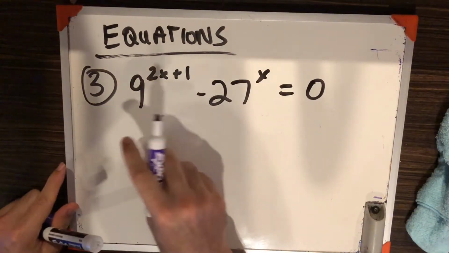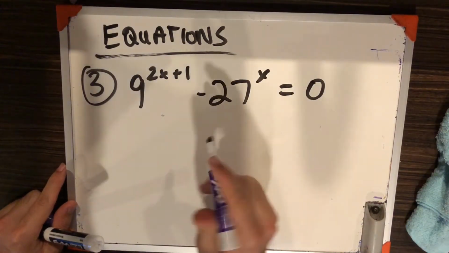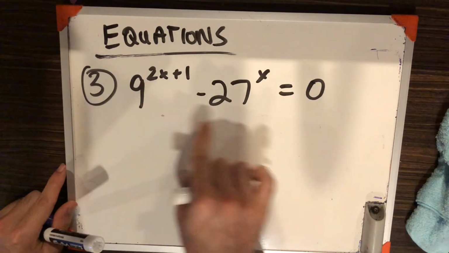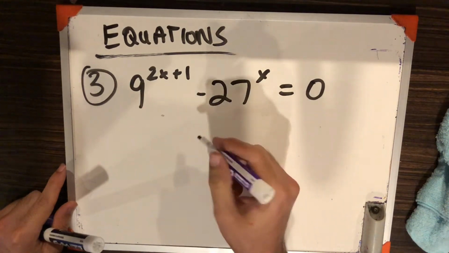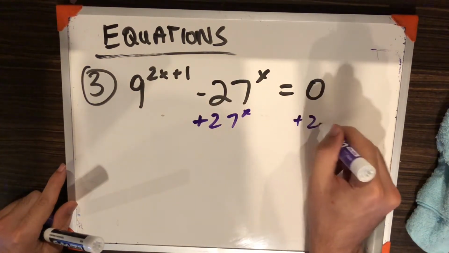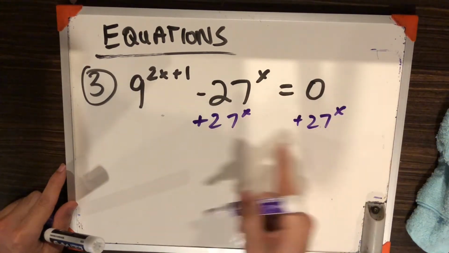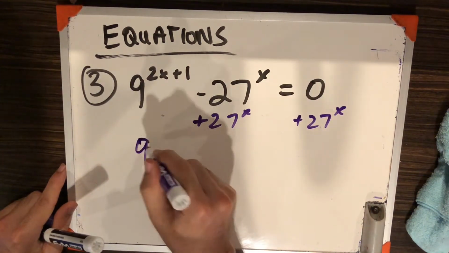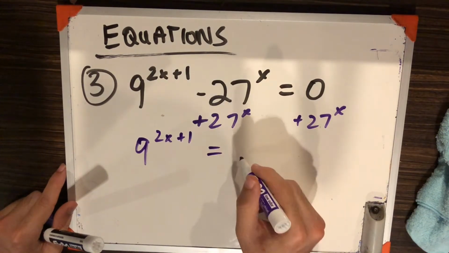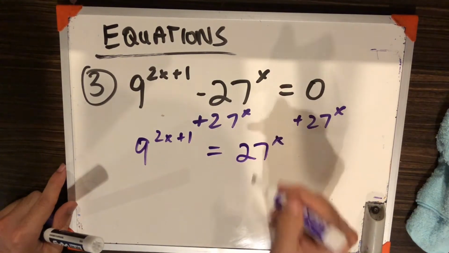All right, number 3. Well, the first thing you should do before you start this process. Again, I'm probably looking for a base of 3. First thing you should do is add 27x to the other side, because again, we want to compare the bases. So 9 to the 2x plus 1, and then 27 to the x power.